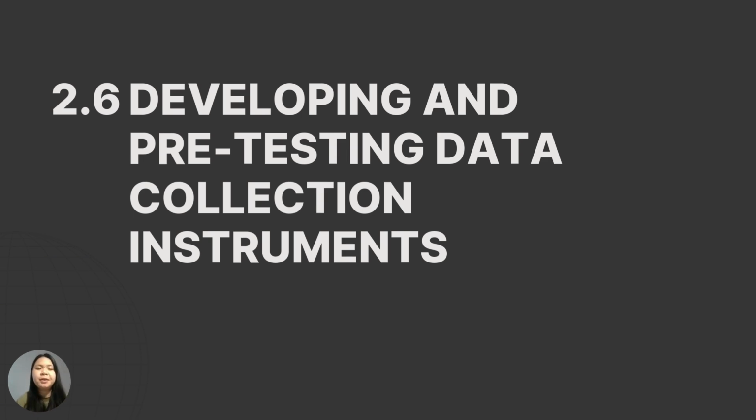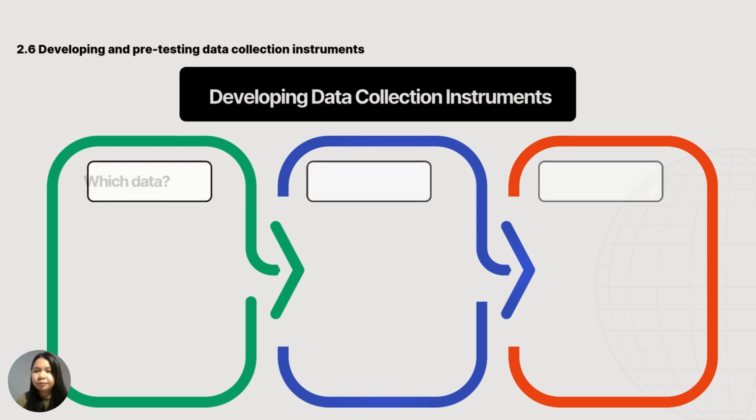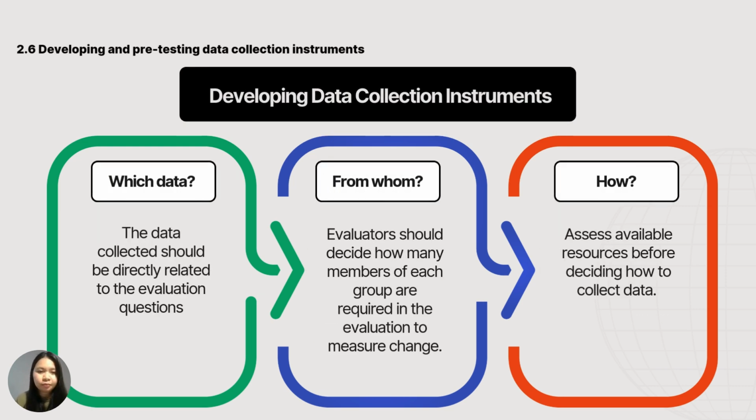Next is developing and pre-testing data collection instruments. In developing the instrument, these are the three main things that we have to consider: what data or which data, kanino manggagaling, and how. Paano mo kukunin yung data?